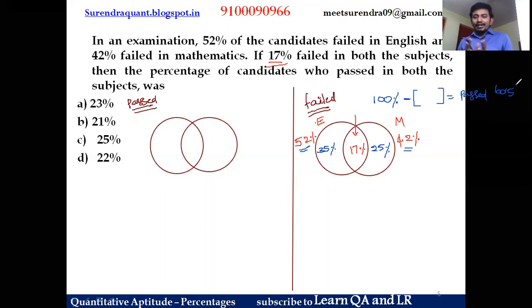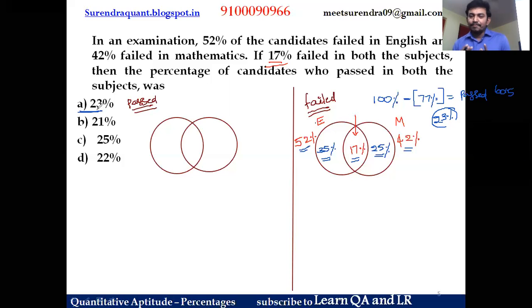So from the total 100, if you subtract the only English fail, only math fail, and both fail, you will get to know whoever passed in both. So how much is that? 35 plus 25, 60, plus 17, 77% failed in at least one subject. Which means 100 minus 77, 23% passed in both, and that is option B.